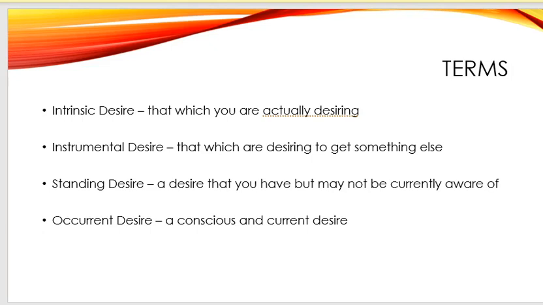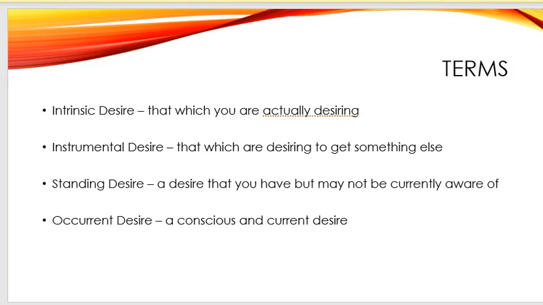It's possible you had a standing desire for all sorts of things, but you might not know what they are until you have a current case of it. So this happens a lot. Oftentimes, though, when you recognize what your standing desires are, you do so not through an occurrent desire, but through a judgment about what you actually want in your life in general.